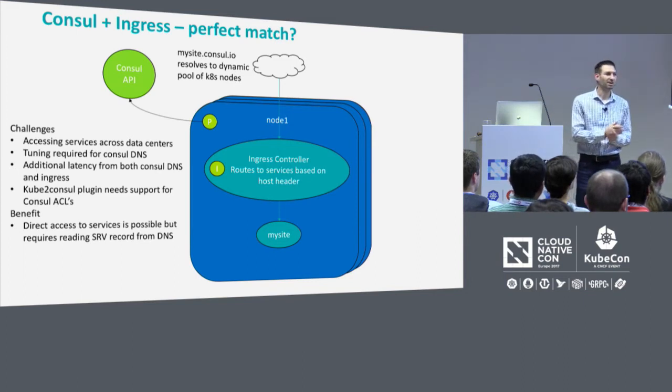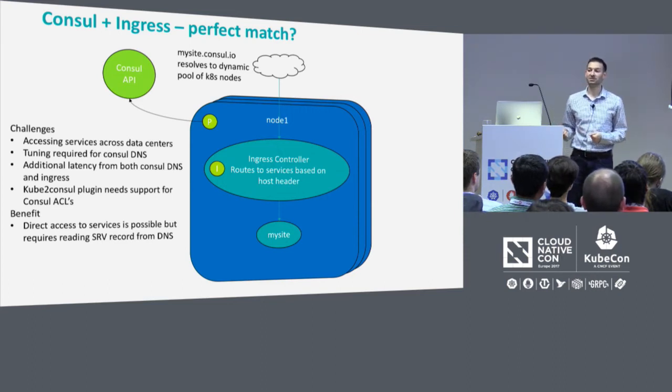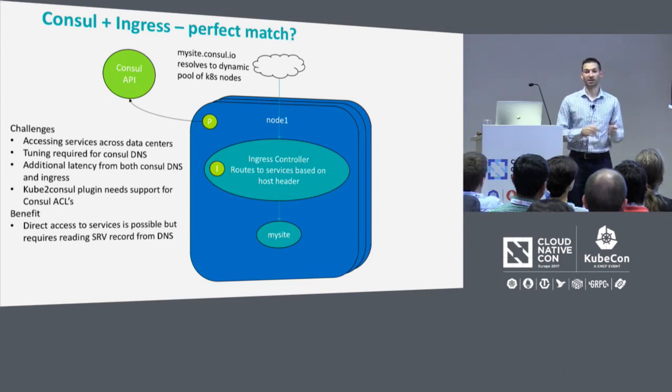Also, Consul DNS, by default, is set up with a TTL of 0. So what that means is every single DNS query is going to reach out to the Consul DNS server. Also, it's Paxos under the covers. And it's going to make sure that it is responding with a valid result by checking with the other nodes in the cluster.